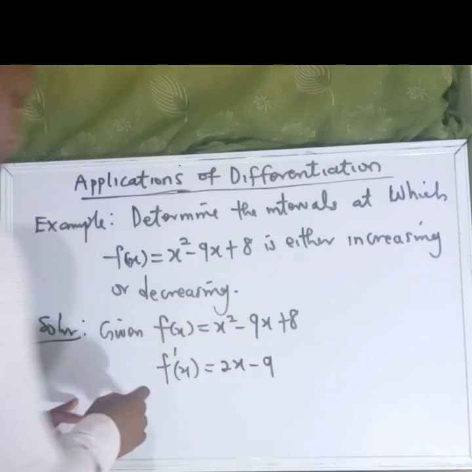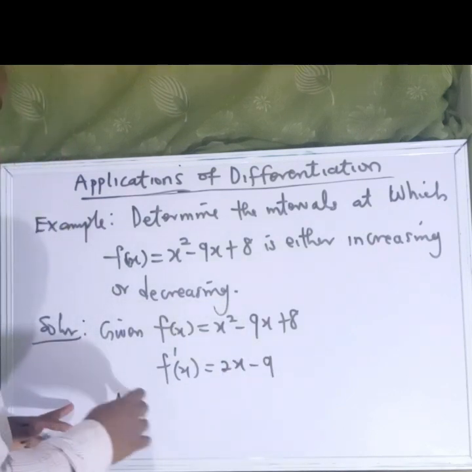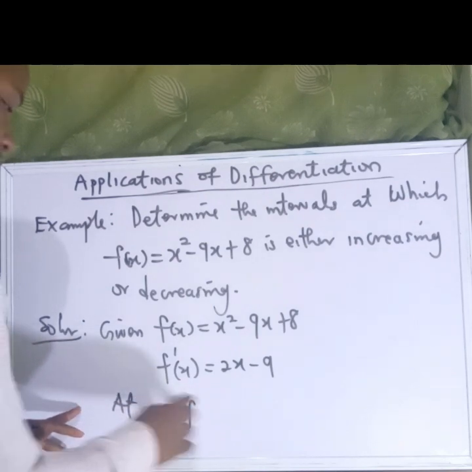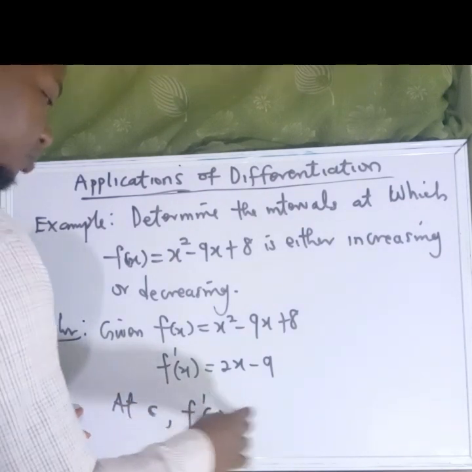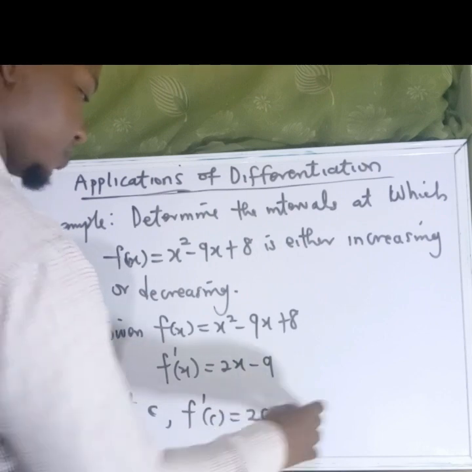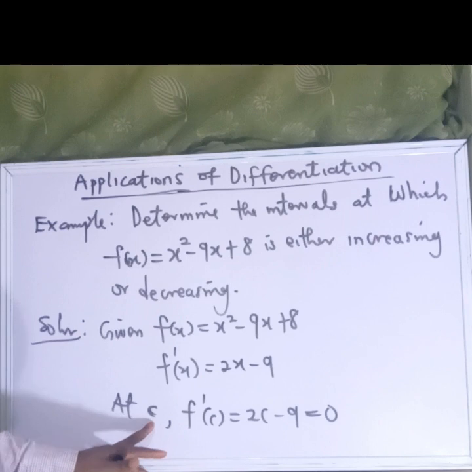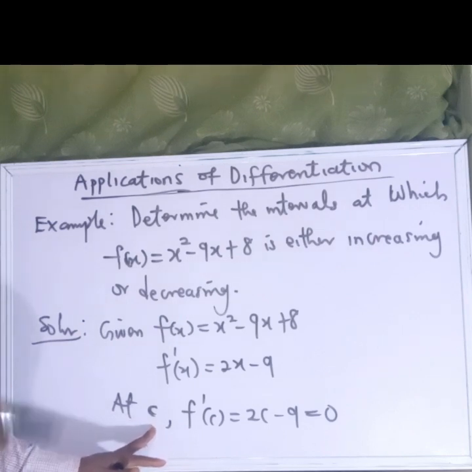Then at c, we have that f prime of c will be 2c minus 9 equals 0. So that c means the turning point here, as we have described in the previous video.